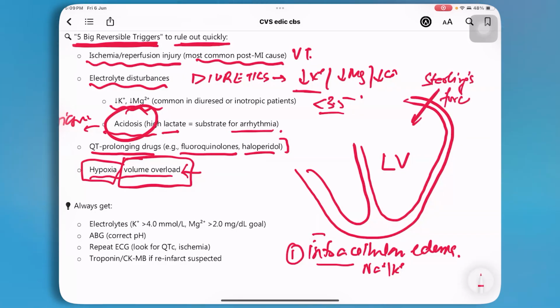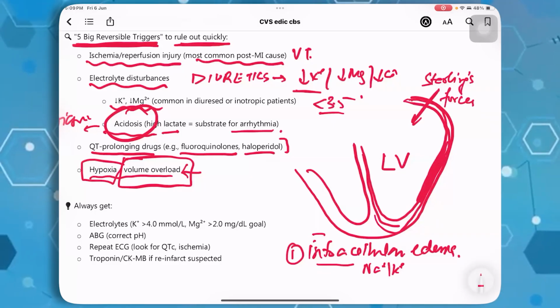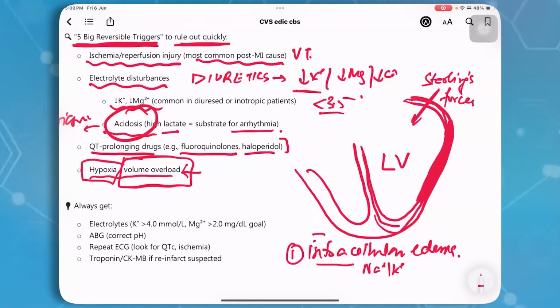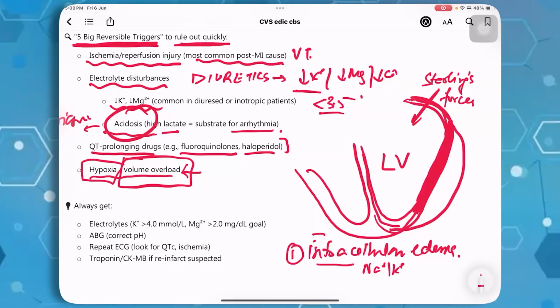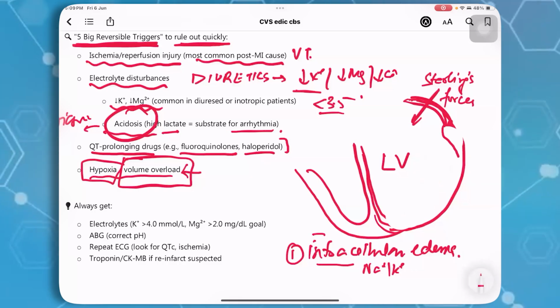So Starling forces are: the left ventricle can take a stretch up to an extent. But if it is an infarcted ventricle, it dilates even more. So a dilated infarct.